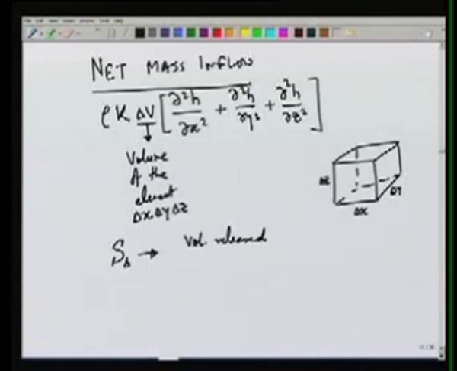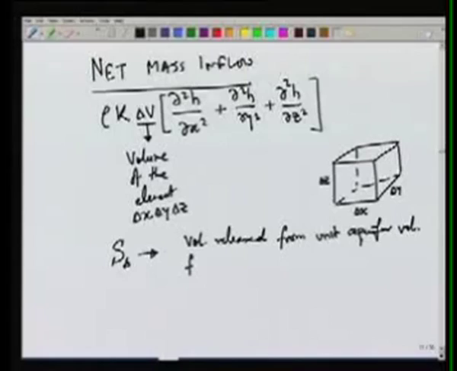So we use Ss, which is the specific storage, which represents the volume of water released from a unit aquifer volume for unit head drop.